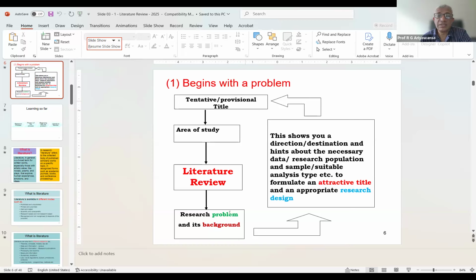Firstly, you may have a particular guess, a special guess, or a general guess, and you have to make it more specific. Having read and understood what has already been done, what knowledge is available, try to identify the gap.